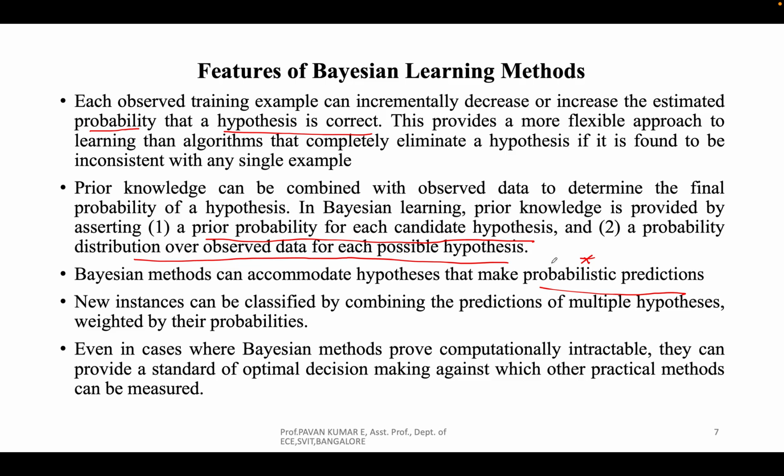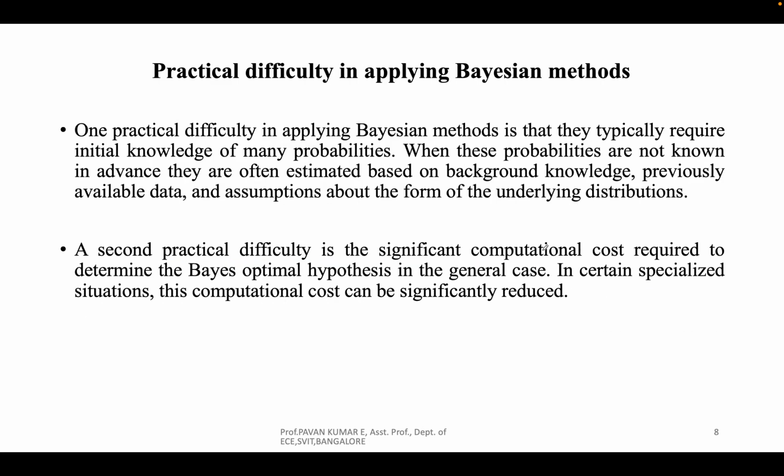This is how you can optimize decision making, against which other practical methods cannot be measured. So the optimization technique is very important in the Bayesian learning method.